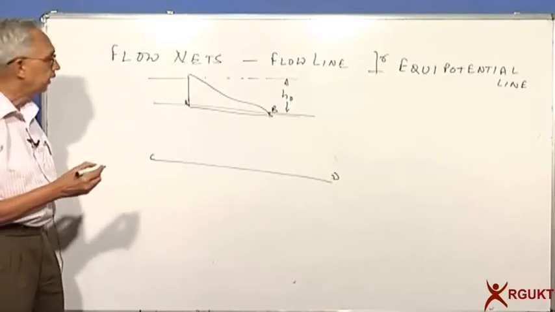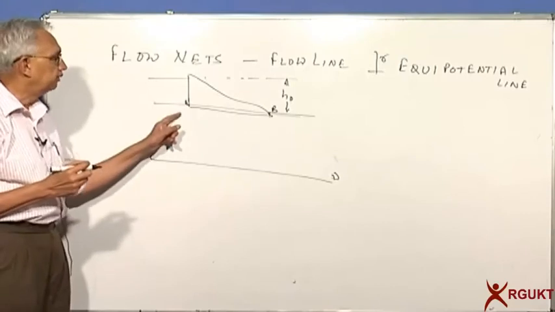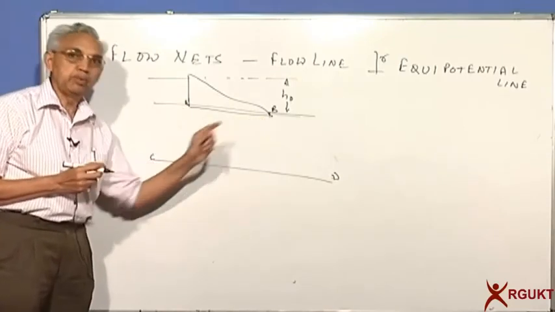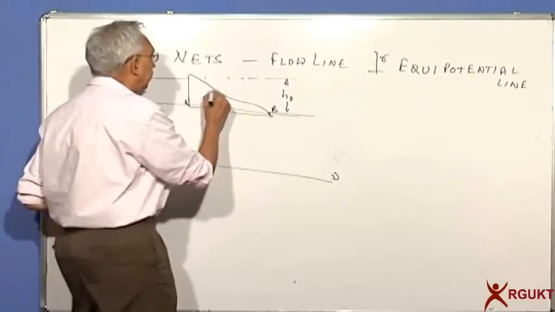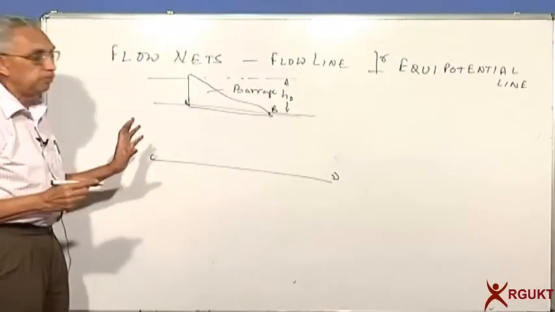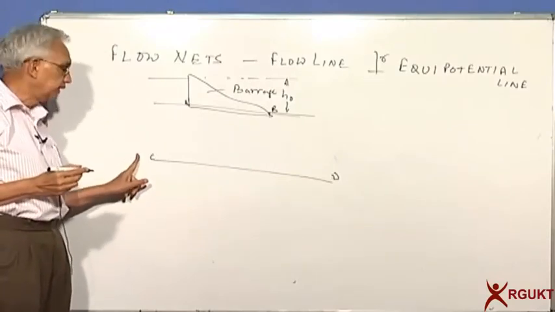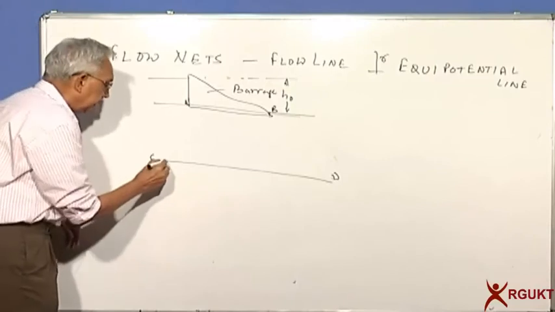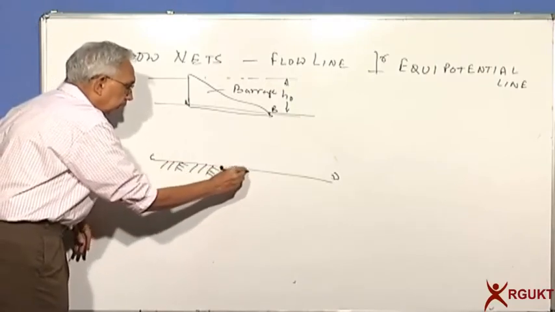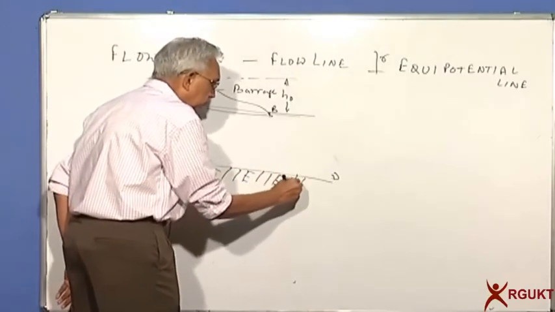Now look at the point A, which is just to the left of the barrage, and you will see that the water molecule can go below the bottom of the barrage or the weir, and that will be the shortest path. Similarly, the longest path will be along the bottom of the stratum, where the water molecule will travel from the upstream to the downstream side.